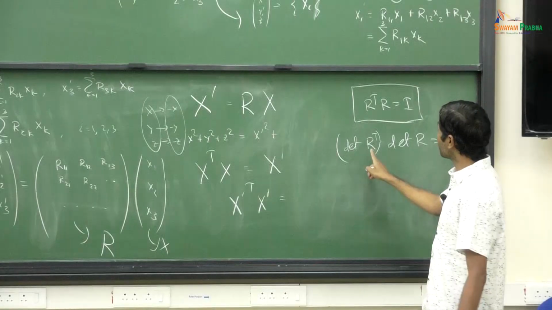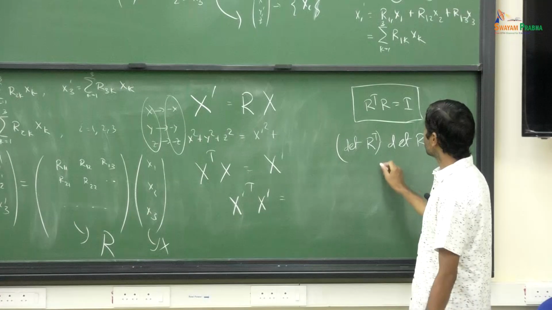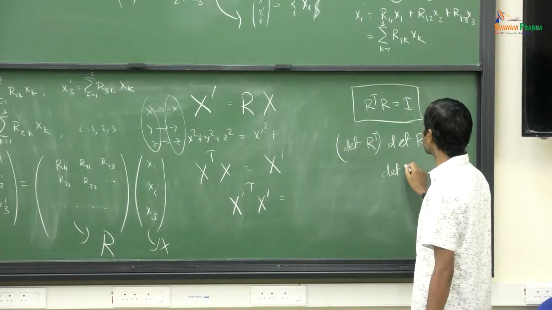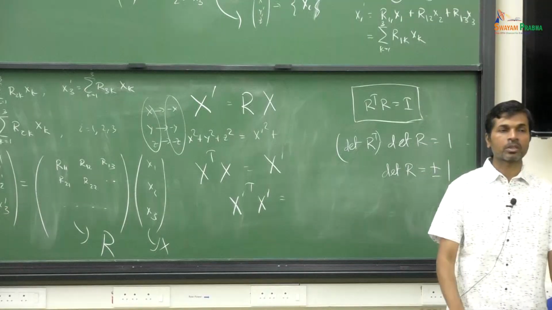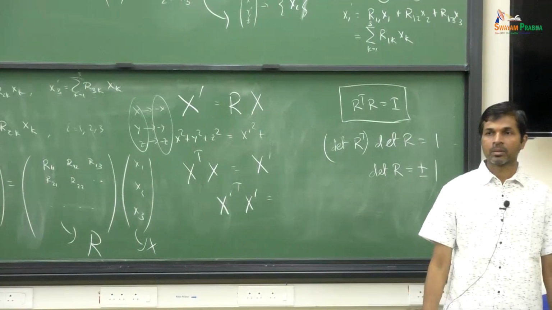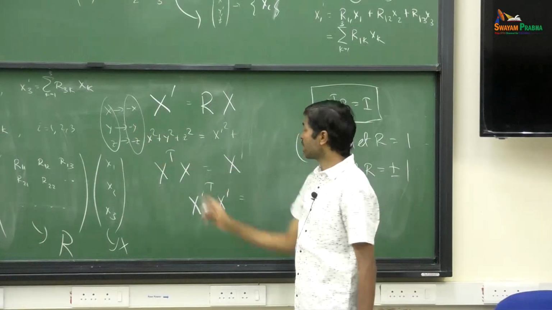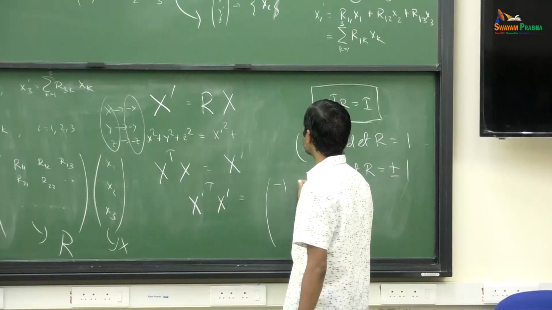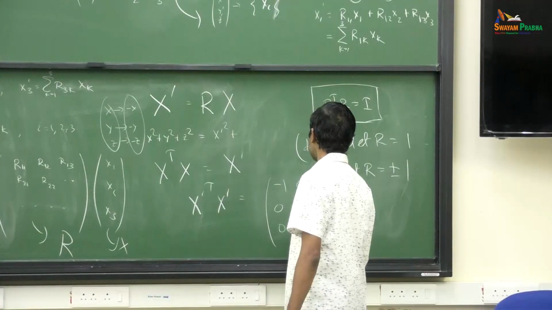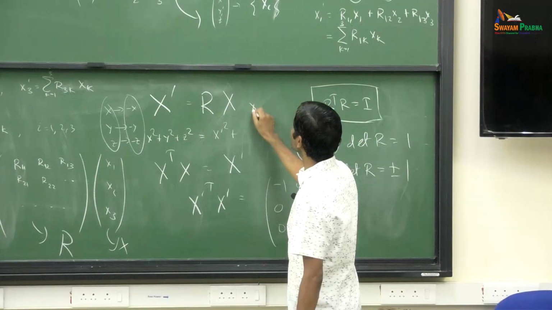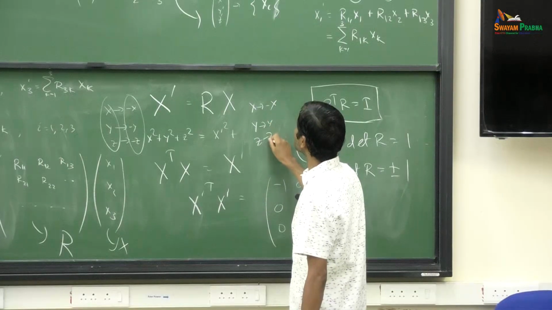And determinant of R transpose is the same as determinant of R. So determinant of R square is 1. So determinant of R is plus or minus 1. And if you make a transformation like this, the matrix here is minus 1, 0, 0, 0, 1, 0, 0, 0, 1. Let's say you just consider x to minus x, y to y, z to z.